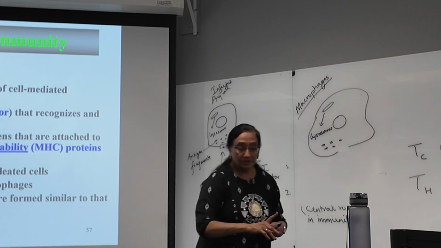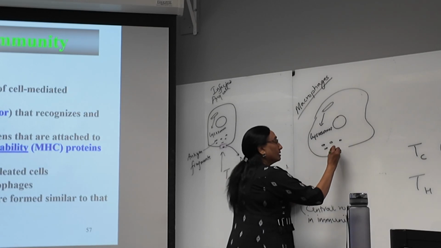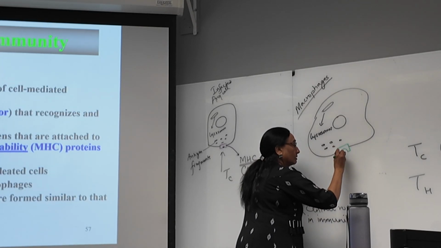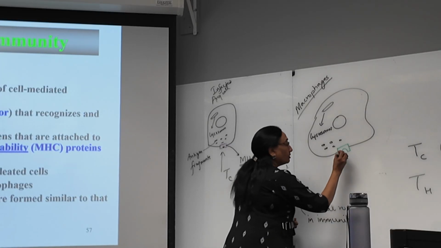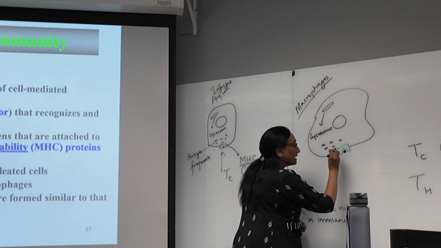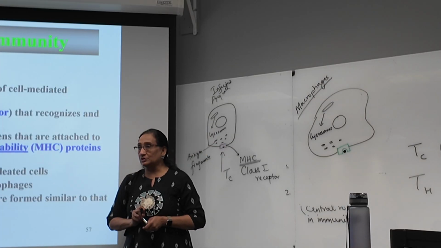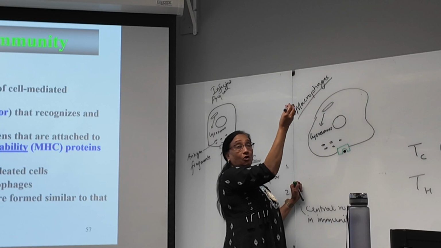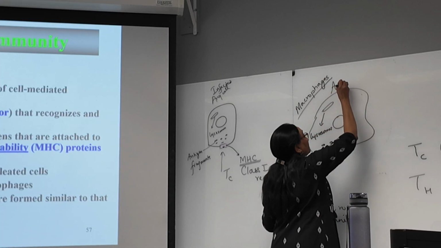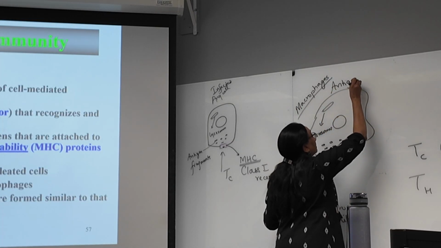So you have a receptor, and on the surface of this receptor, this antigen will be exposed. These macrophages are also known as antigen presenting cells.